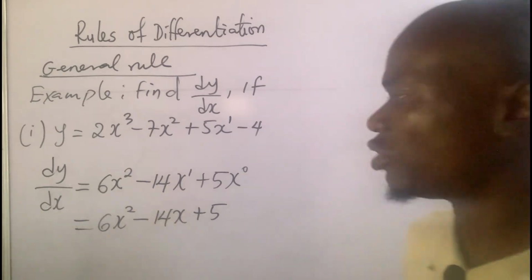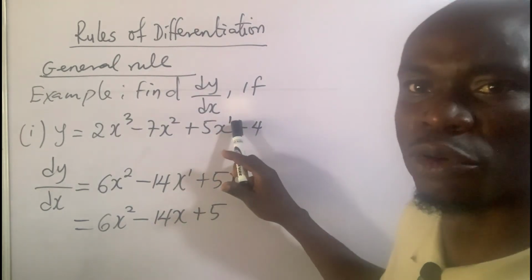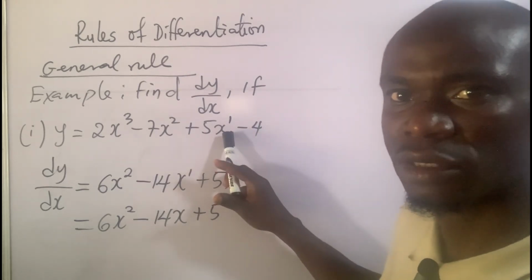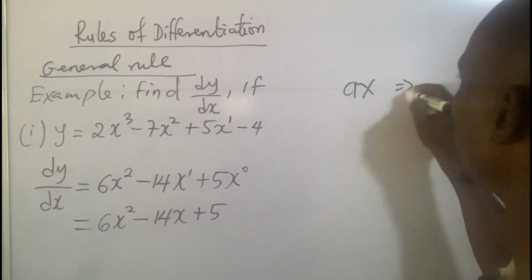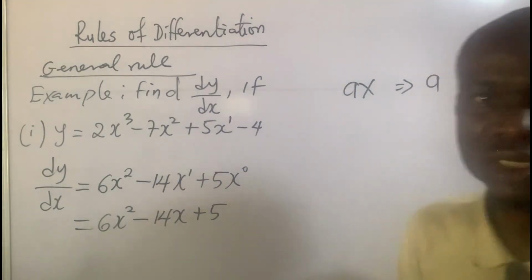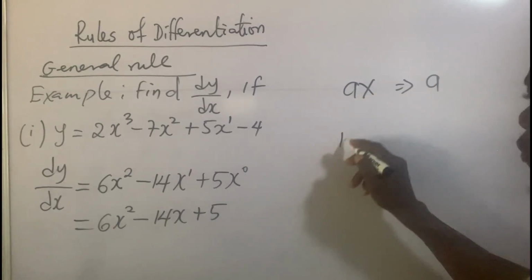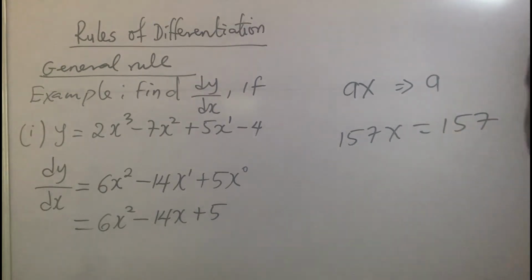We can also establish this. Anytime you differentiate a polynomial in which the variable has power 1, then the answer is the constant. So it means that if I differentiate ax, I'm going to get a. That's what it simply means. Anytime I differentiate 157x, it gives me 157.